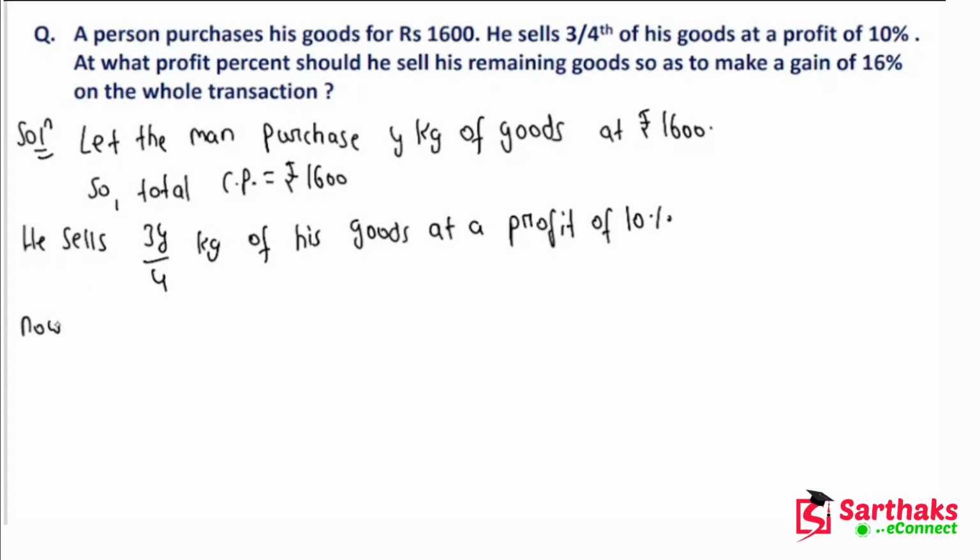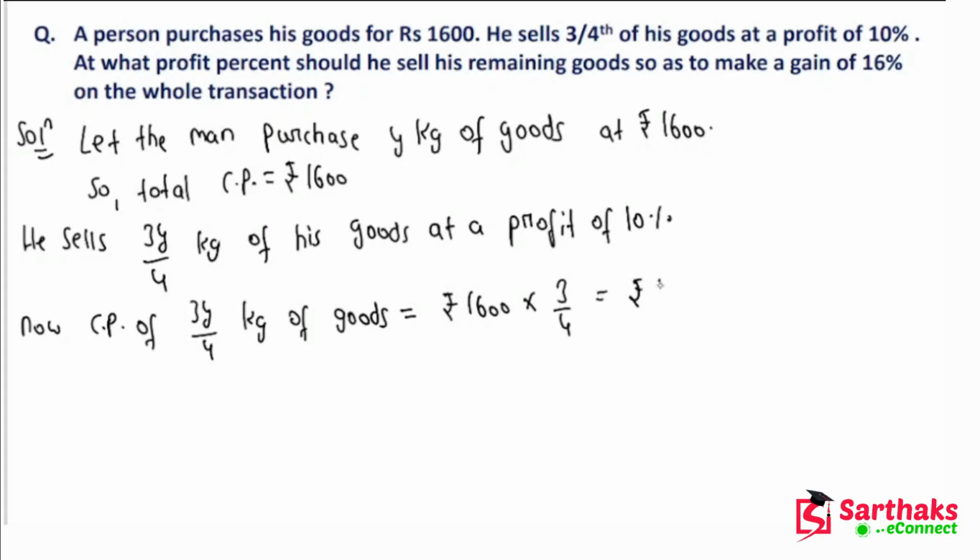Okay, so now the CP, that is cost price, of 3y/4 kg of goods. He purchased y kg. So the cost which he gave for 3/4 of the goods is rupees 1600 into 3/4, that is rupees 1200, right? So the cost price of these goods was just 1200. Now let us see what will be the selling price.